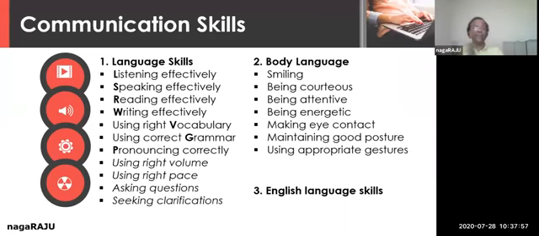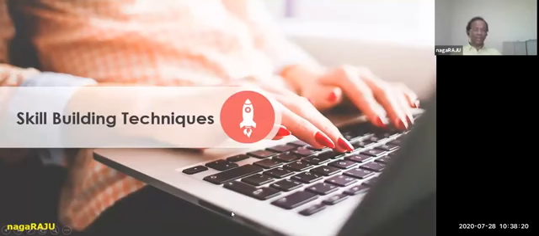And apart from that, we need to take care of our body language. And English is one language that cannot be ignored by anybody at any level: school, college, university, teacher, non-teacher, working in India, working outside, and young or old, man or woman, whatever, wherever. Right? So this is where we begin. Okay, let's quickly move on to the second thing. So I told you what communication skills are, my opinion.